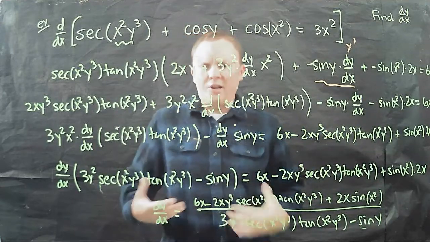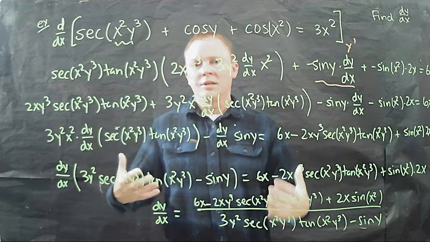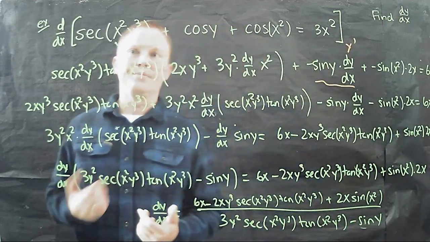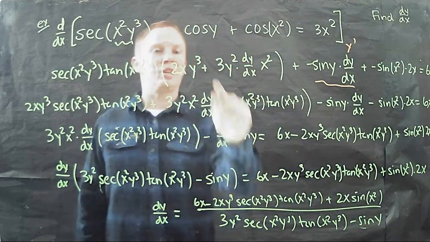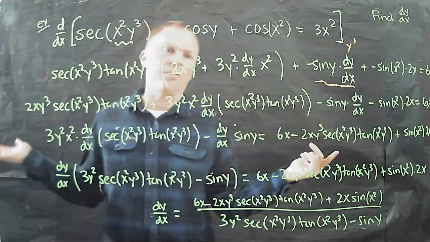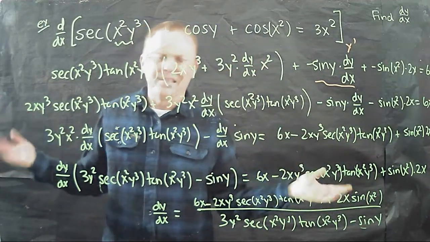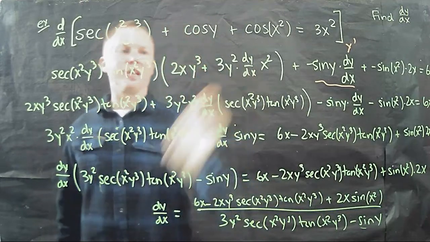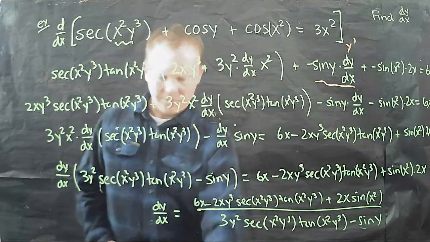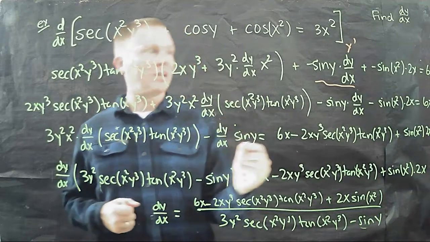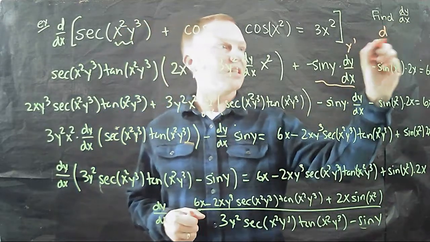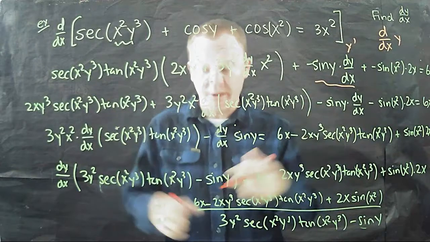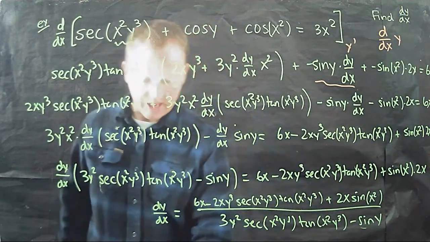I feel like it shows a higher level of understanding than putting y prime. Sometimes kids just get into the habit: anytime I take the derivative with y, I just put a y prime? Yeah, that's true, but do you really know what's going on? I feel like the dy dx notation re-emphasizes the idea that dy dx actually means the derivative with respect to x of y. So that's that.